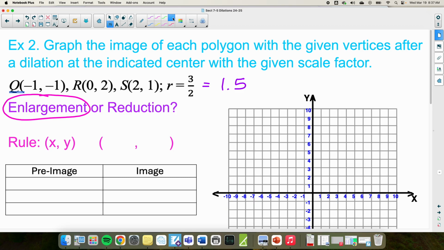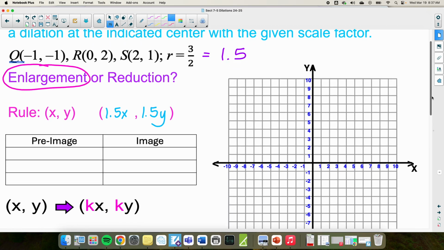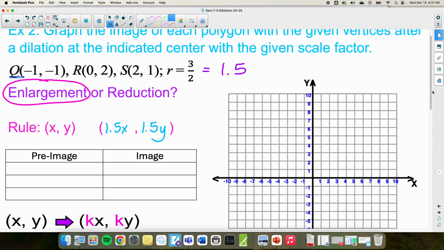And then for my rule here, I'm just going to go 1.5 times x and 1.5 times y. Another thing I should have here is that my center again is the origin. In all of these, you guys, the center is going to be your origin, okay?